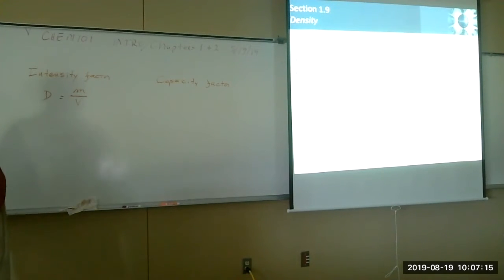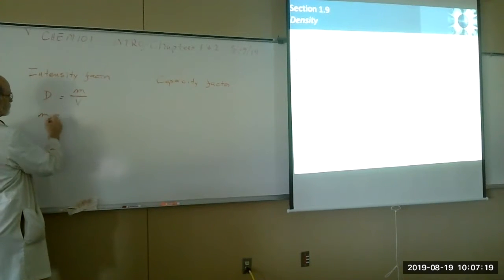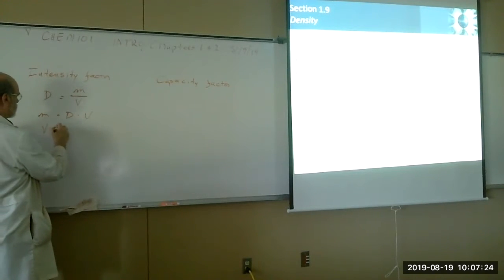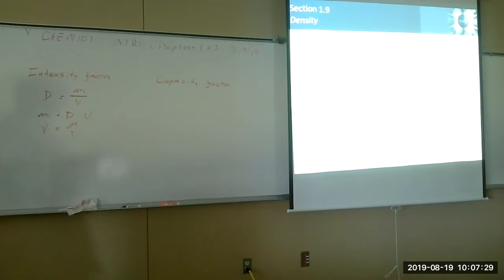So you can plug in the numbers and solve, or you can solve for your unknowns: mass equals density times volume, or volume equals mass divided by density. But the unit of measure is a compound unit, grams per cubic centimeter. That's the mass of the substance if you know that you have a cubic centimeter.